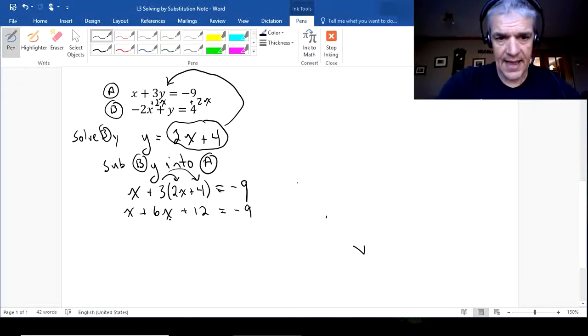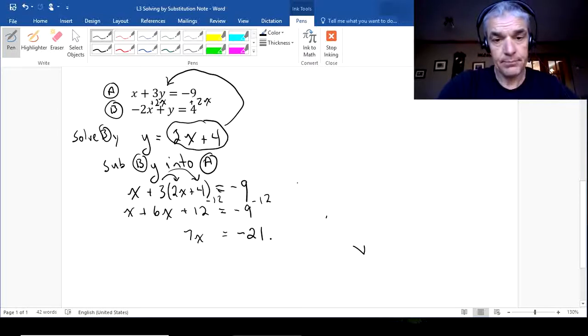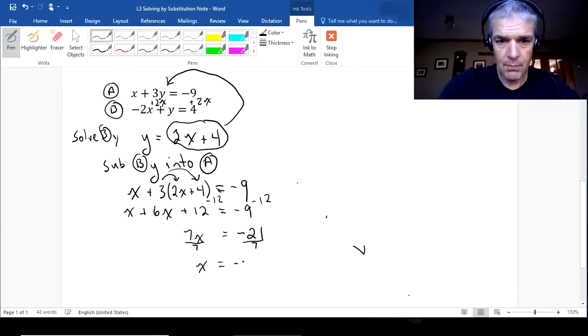The x's come together and give me 7x, and I'm going to subtract 12 here and subtract 12 here, and this will equal minus 21. If you don't believe me, get your calculator out. Minus 9 subtract 12 is actually minus 21. To finish the solving, I divide both sides by 7, and I get x equals minus 3.